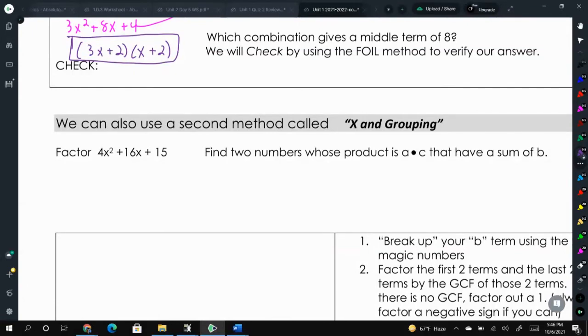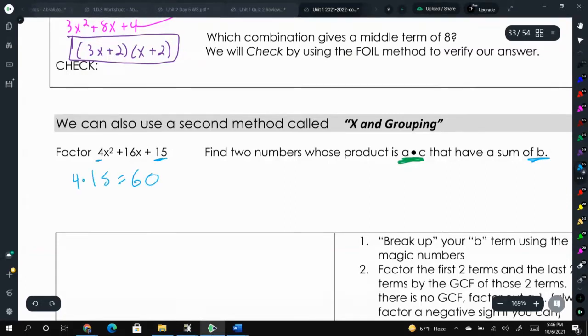So what we want to do is find two numbers that multiply to a times c, but those two numbers also have to add up to b. So I'm going to take 4 and 15, and we get 60. So we need two numbers that multiply to 60, but also add to 16.